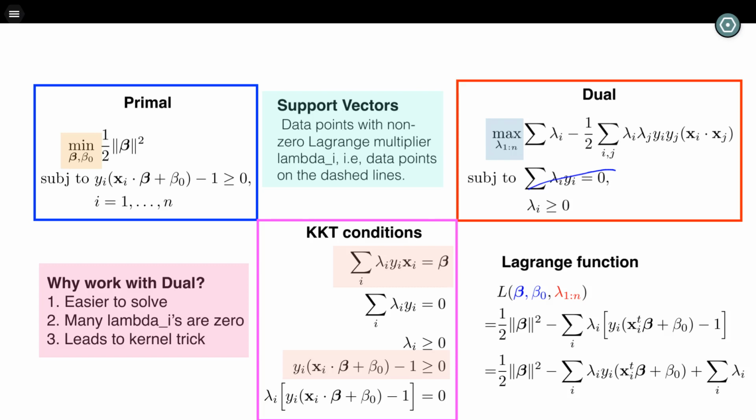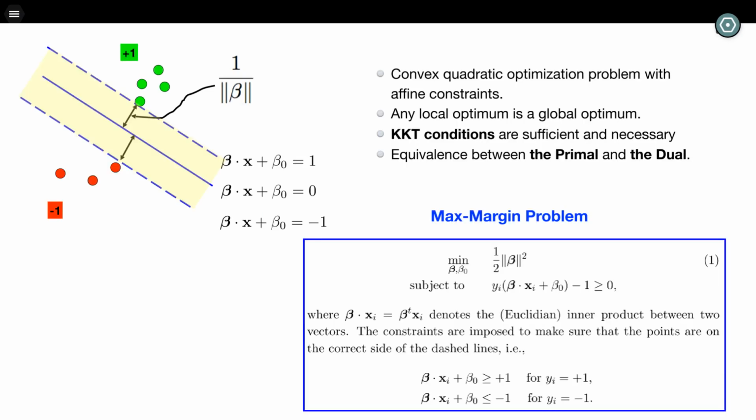But under what kind of condition is the expression inside the bracket going to be non-zero? Inside the bracket basically represents the two dashed lines. So if you are not on the dashed lines, for example the top three green points, they satisfy beta times x plus beta 0 strictly bigger than 1.